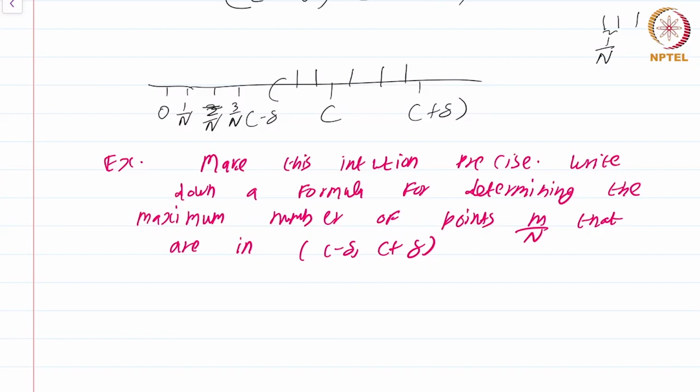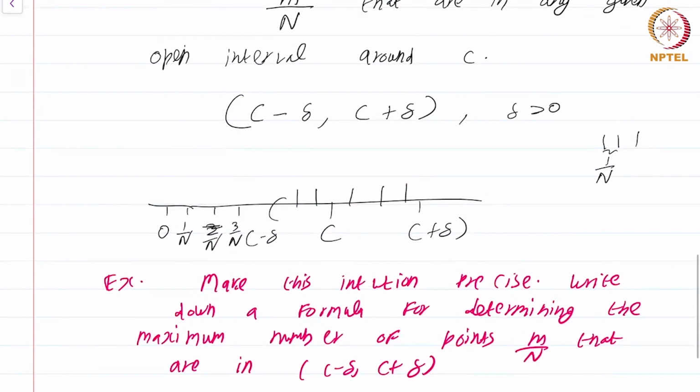Okay, regardless of whether you are convinced by this ruling argument or if you want to make this precise, it's up to you. Regardless, I'm going to take it that you understand that in this interval (C minus delta, C plus delta), there are only finitely many rationals m by capital N. What does this show?